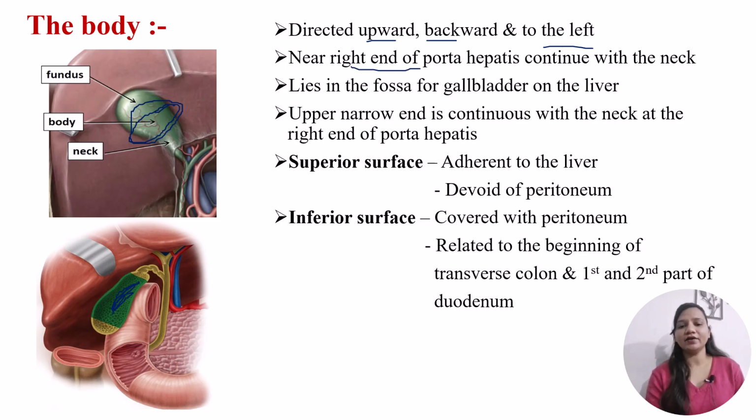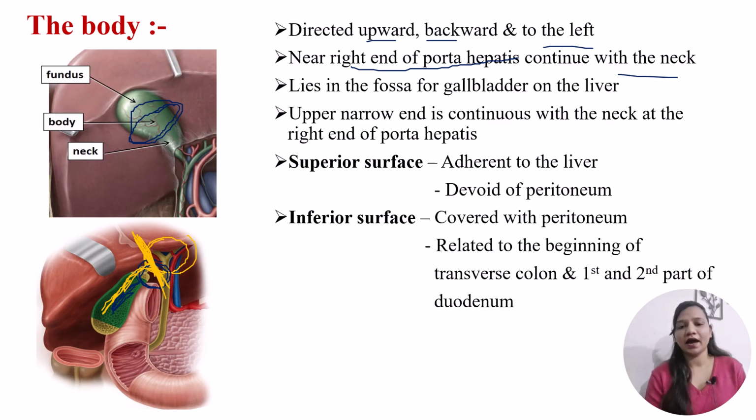Near the right end of the porta hepatis, it continues with the neck. This is the porta hepatis, as you can see here, and this portion is the neck of gallbladder. So near the right end of the porta hepatis, the body is continuous with the neck of the gallbladder.